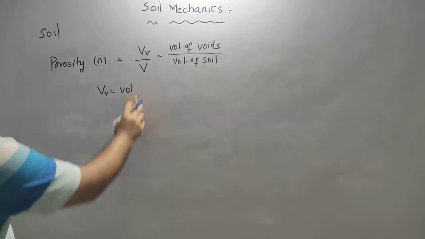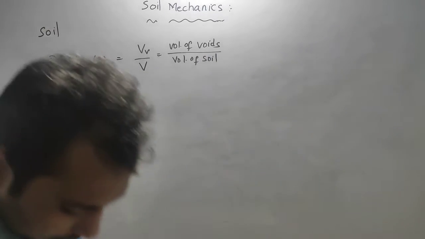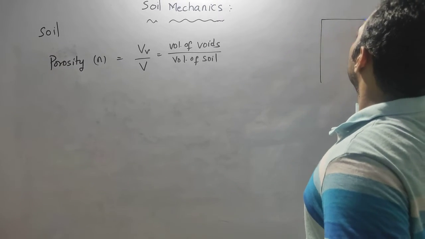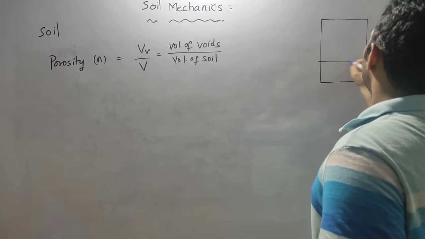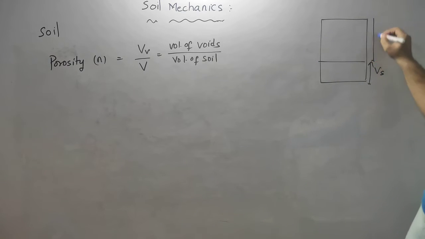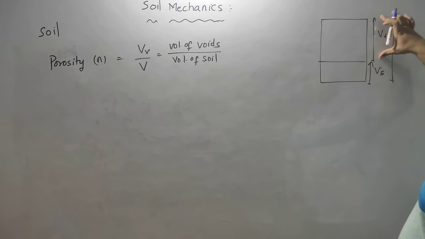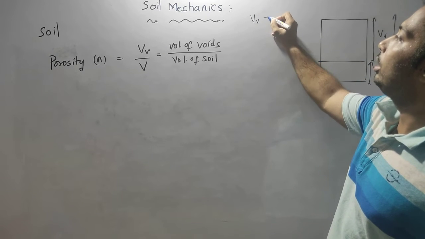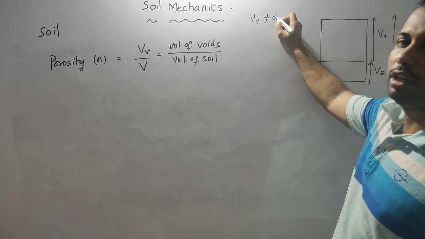Now if you see this in the form of a phase diagram, this is a phase diagram of this. So this is Vs, this is Vv, and this is total volume V. So Vv will not equal 0, practically.